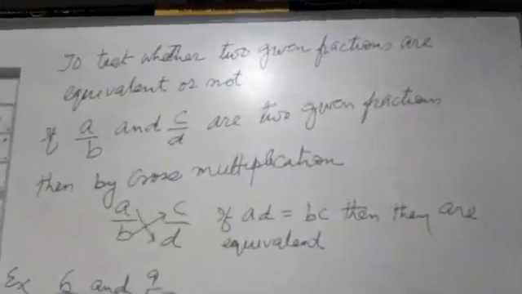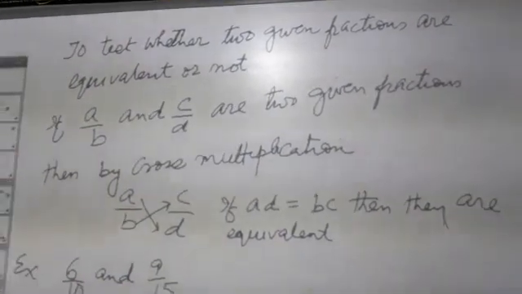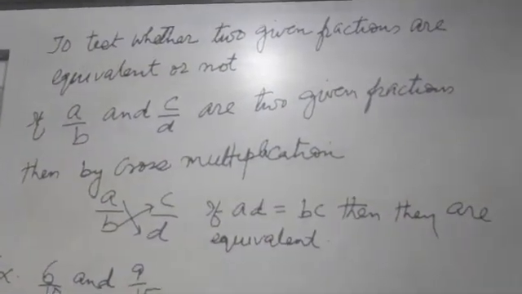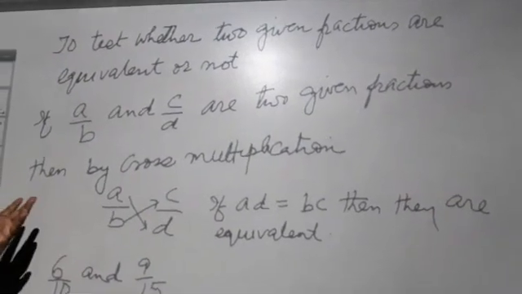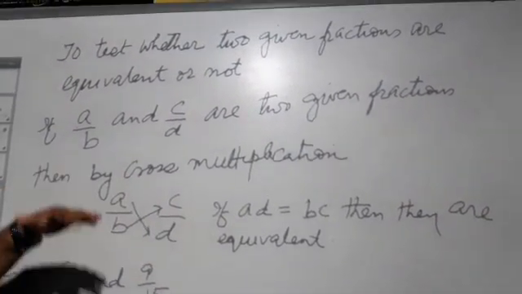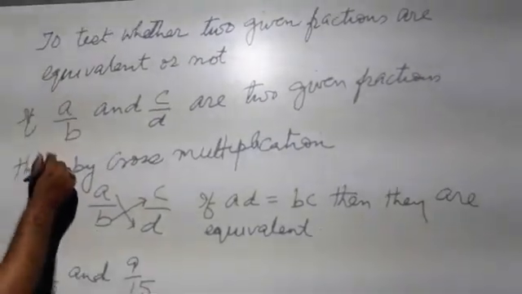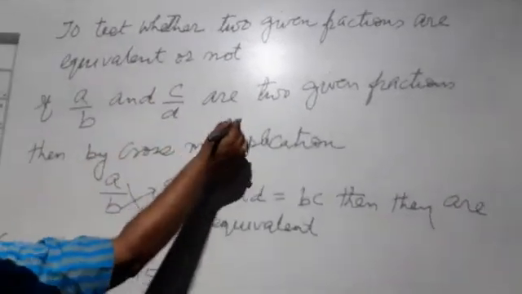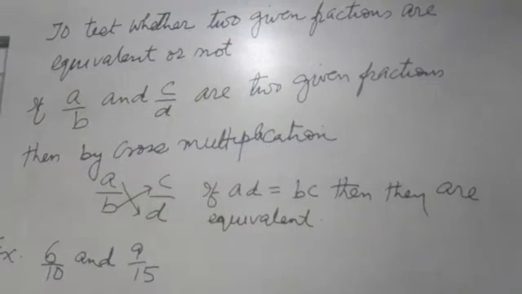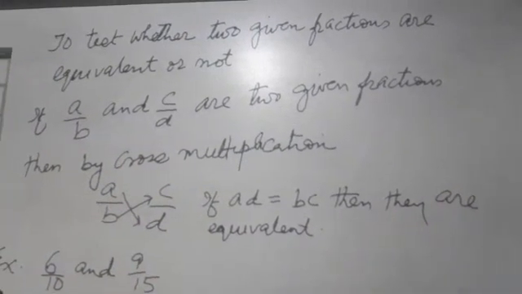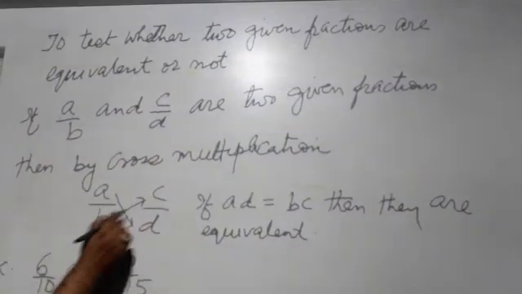Next. How to test whether two given fractions are equivalent or not. Suppose we have to find out whether the given two fractions are equivalent or not. So how do we find? Let us see the rule. What does it say? If A by B and C by D are two given fractions, then by cross multiplication, that means A by B and C by D, we do cross multiplication.